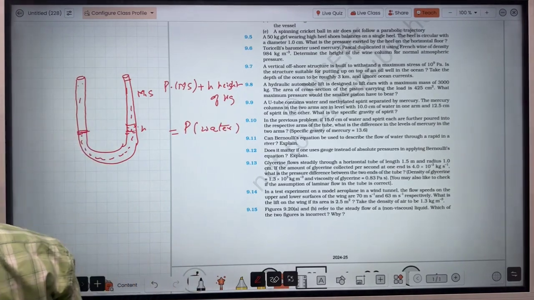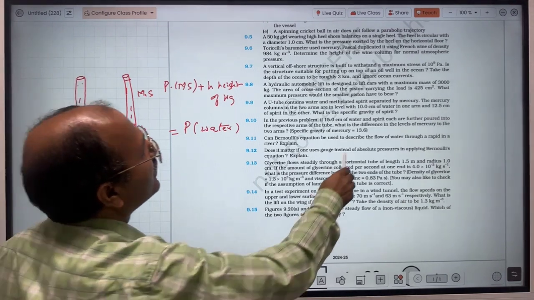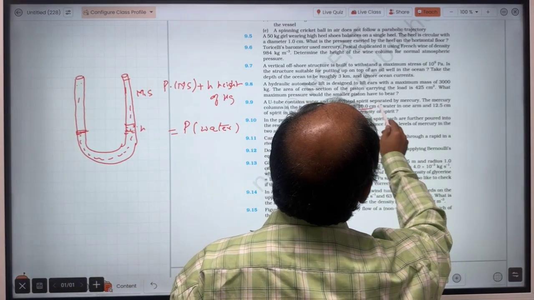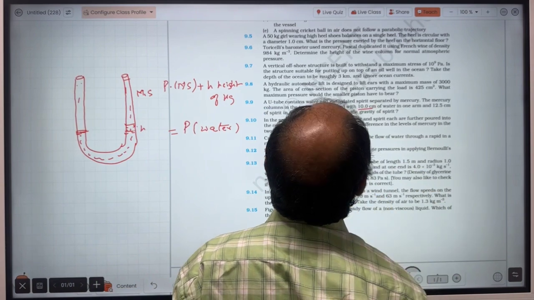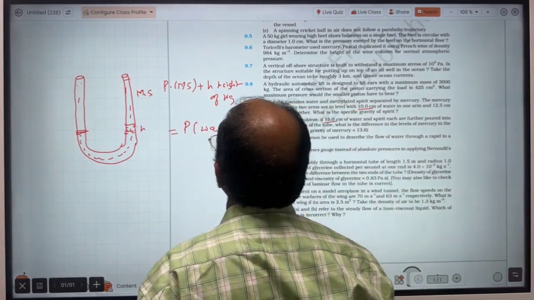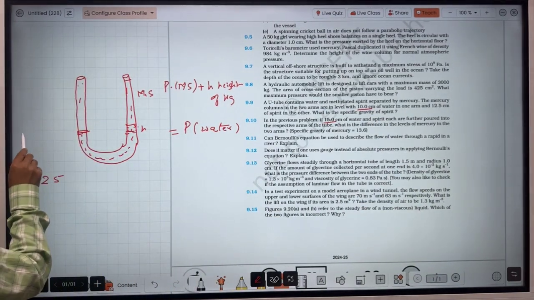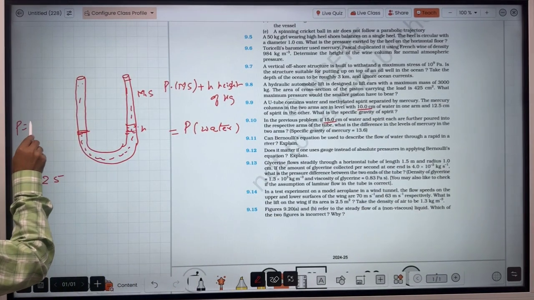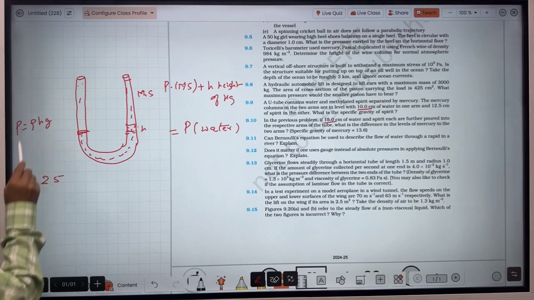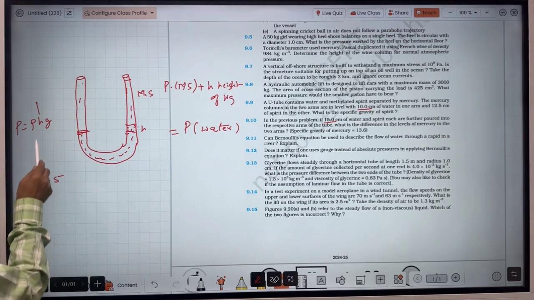Now what is the height of the water column? In the previous case it was 10 centimeter and further 15 centimeter water is poured, so the height of the water column is 25 centimeter. The formula we are going to use is P equal to rho g h. We can take everything in centimeter, it's not necessary to convert it into meter.